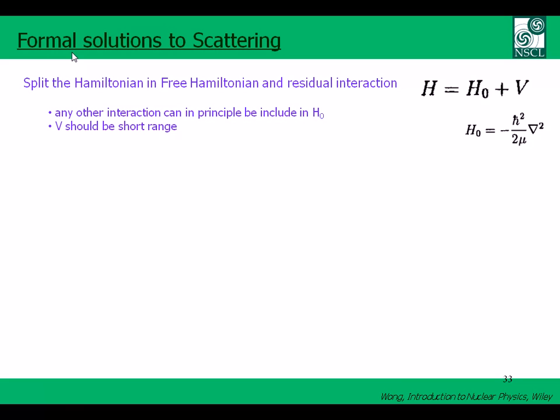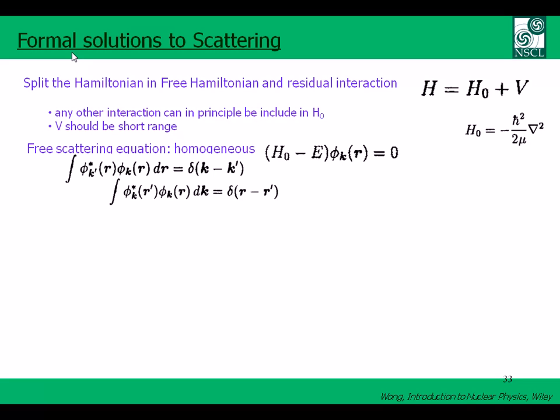In principle, I could just have put a kinetic energy term, or I could add the Coulomb. The condition is that whatever I leave out is short range. So it cannot be long range, otherwise it will change the asymptotic of that wave function. I have to know the homogeneous solution.